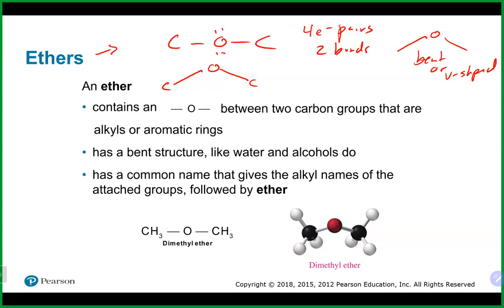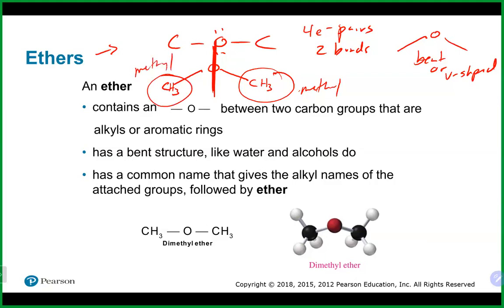Now, in terms of how we're going to name ethers, there are a couple ways that you can name ethers, and we're going to go probably with the more common name of ethers. When you go to commonly name ethers, you can think of the oxygen in the middle, and you look to the right and find the group that's there, which is a methyl group, and you look to the left and you find the group that's there, which is also a methyl group.